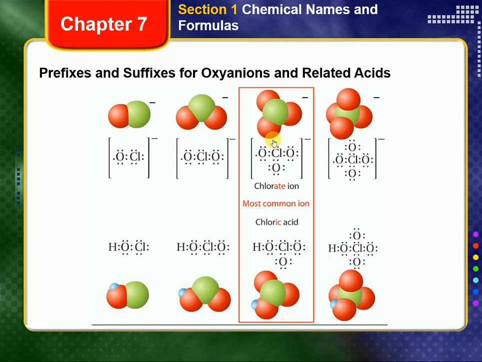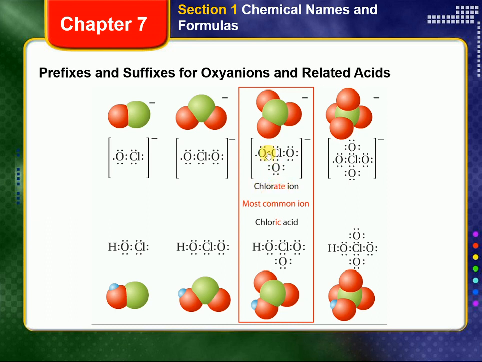For this example, we're talking about the chlorate ion. It is the ion that is formed between chlorine and 3 oxygens. We see the central chlorine, and then it's surrounded by the 3 oxygens. This is called chlorate. Notice it's not chloride, it's chlorate, ATE.